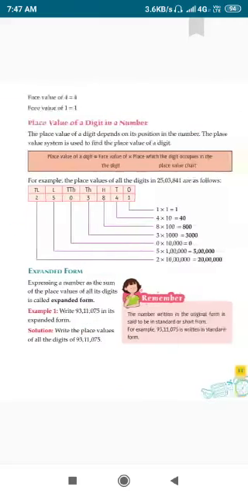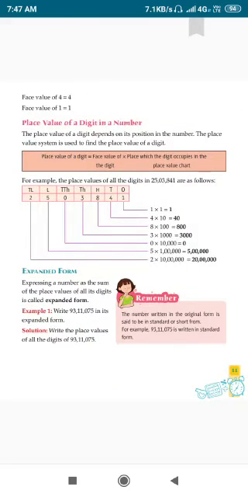The place value of a digit is the product of the digit and the value of the place it occupies. Here we find the place value of the digits in 84,98,726. Place value of 6 is 6 because 6 is at the ones place.